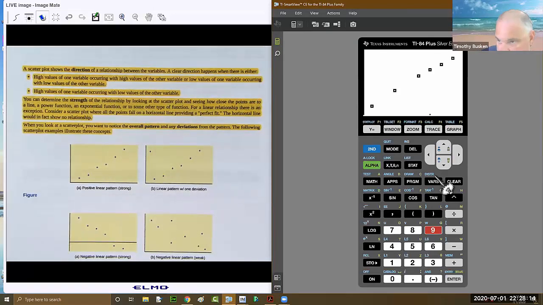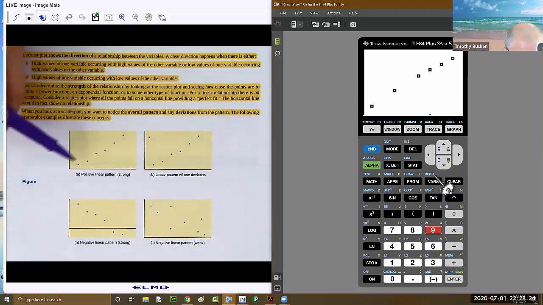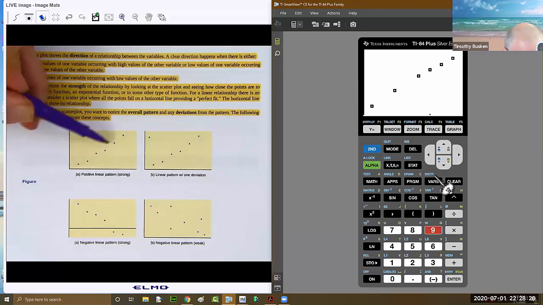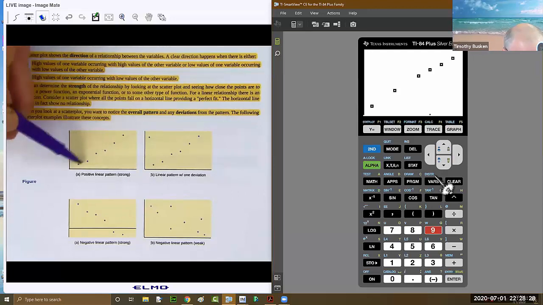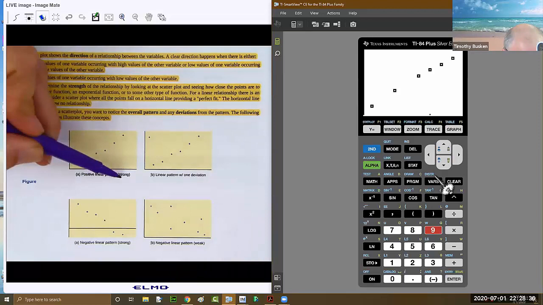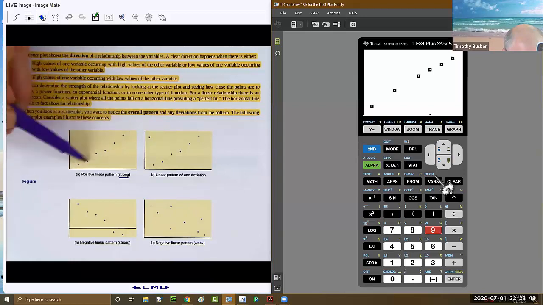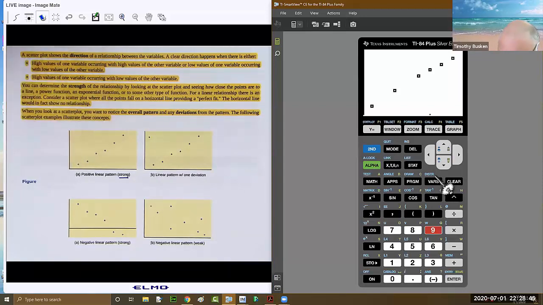Okay, so if you take a look at this sequence of scatter plots, it illustrates that. In the first graph here, A, we can see that these points don't fall perfectly in a straight line, but there is a linear pattern, and that linear pattern appears strong because if you could draw a line in here or put a piece of spaghetti in here somewhere, those points wouldn't deviate very far away from that line.